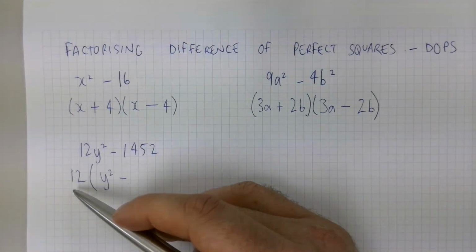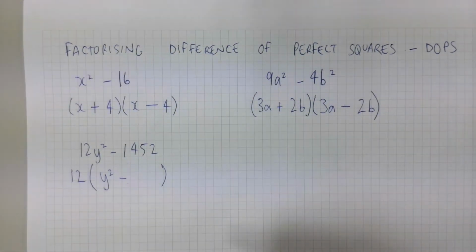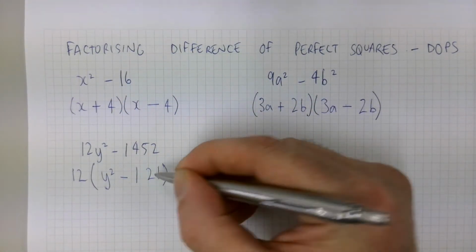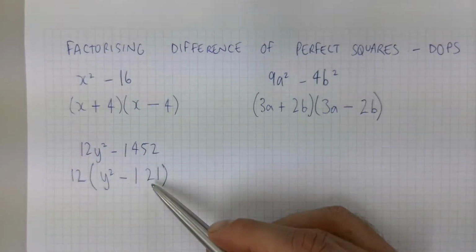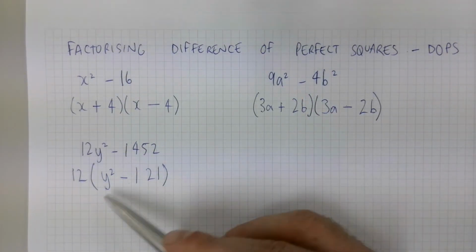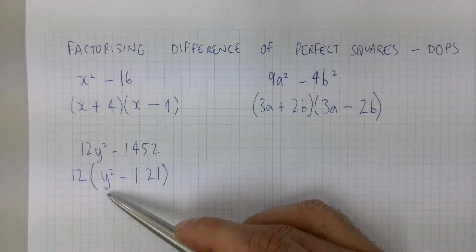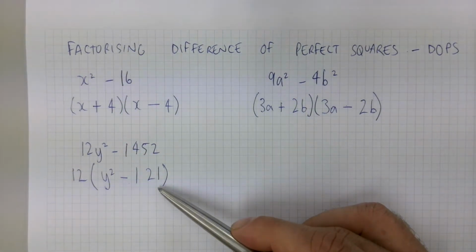And then 12 times by what gives me 1,452. Well, it's 12 times by, believe it or not, 121. Now you notice that I do have inside the brackets two square terms. Y squared term is y times y, and 121 is a square number, 11 times 11.